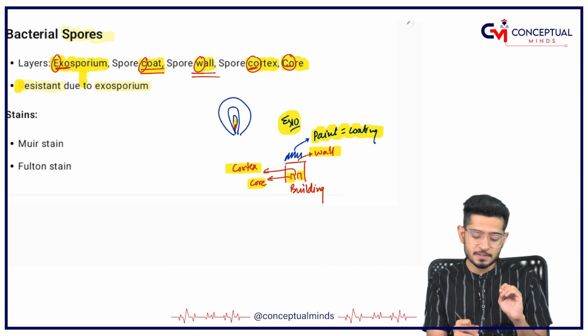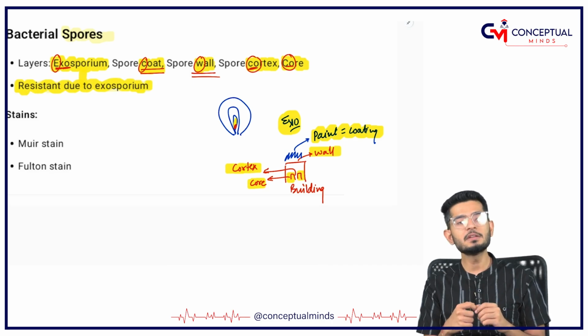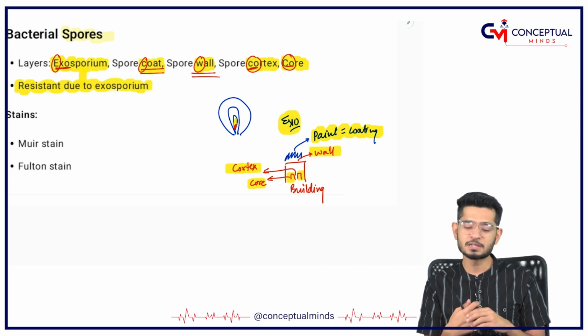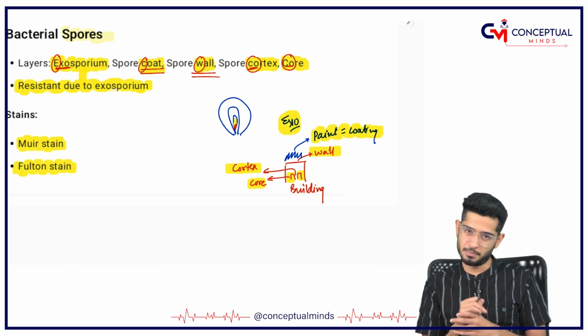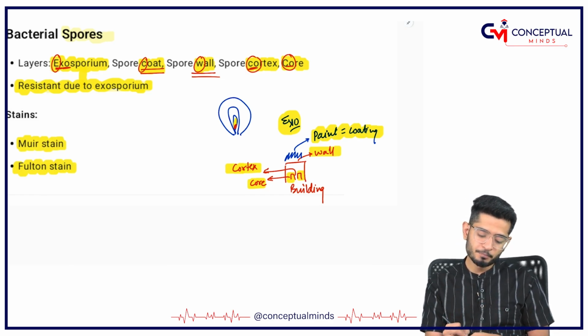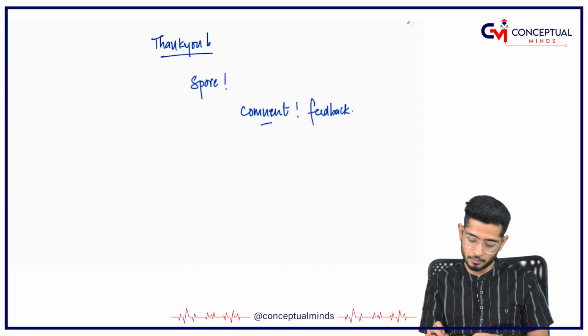This exosporium is important to provide resistance to the spores. That's why even in adverse conditions, the spores can survive for a longer duration. And the stains used are Muir stain and Fulton stain. So Muir, yesterday I told you for the capsule, so the same stain is there for capsule and spore. Fulton you have to remember.